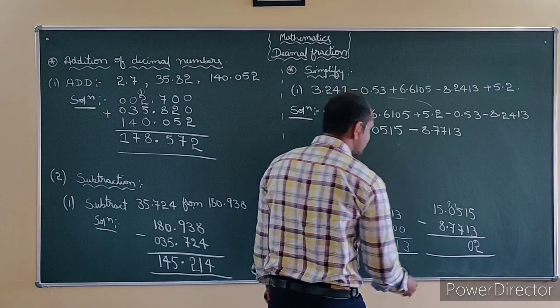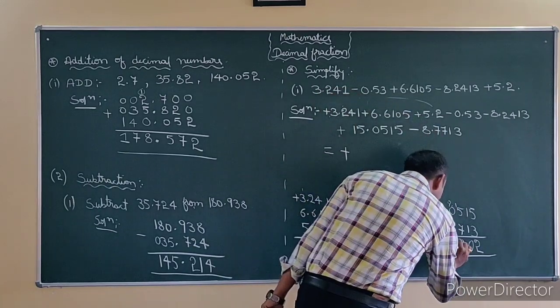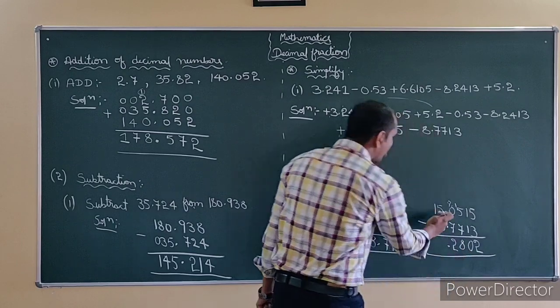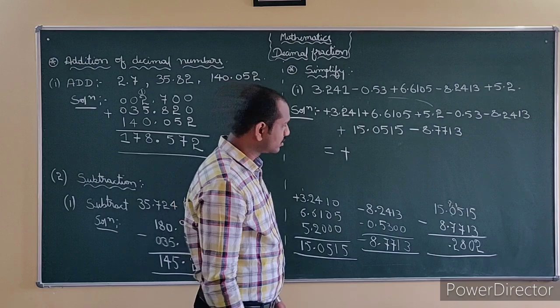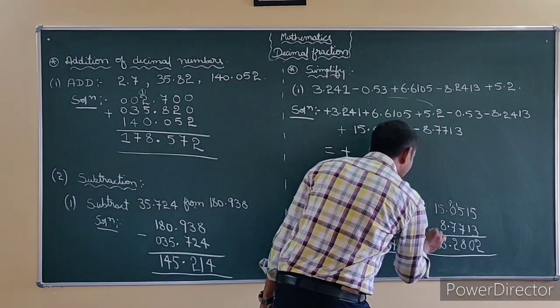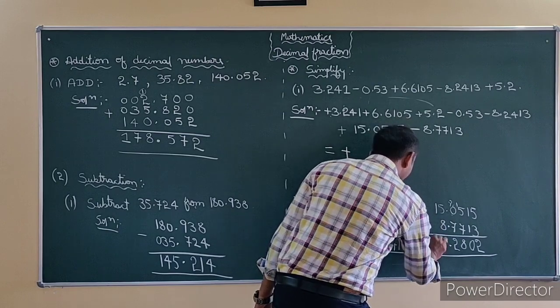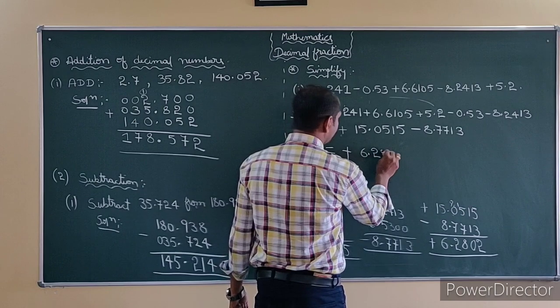So in 10, if 7 goes, it is 3, and here it is 9. In 9, 7 goes, it is 2. Keep a point. Already one number we have borrowed, so how much will it be? 14. In 14, if 8 goes, 6. So your answer is this. This is minus, this is plus. So your answer is plus 6.2802.